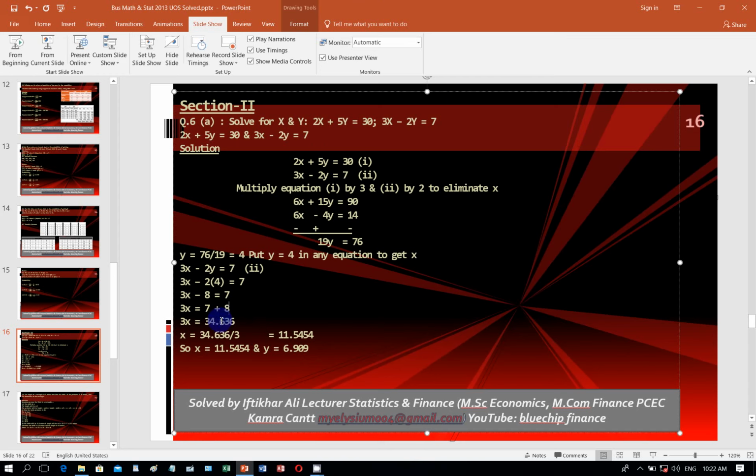And 3x should be equal to 15, and x will be equal to 15 divided by 3, and the answer will be 5. So x will be 5 and y will be equal to 4. So that is the correct answer.